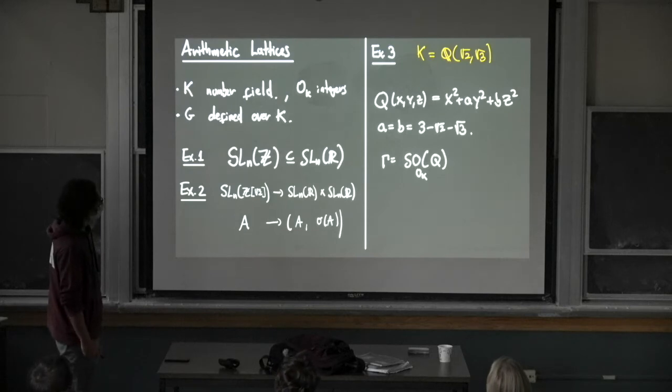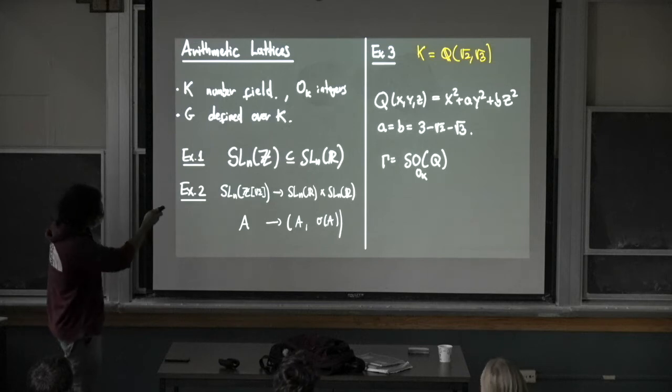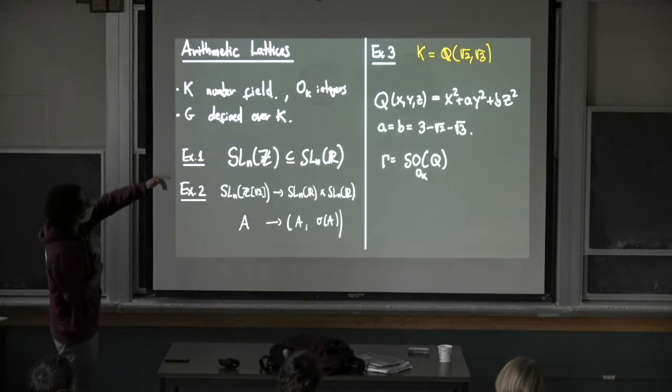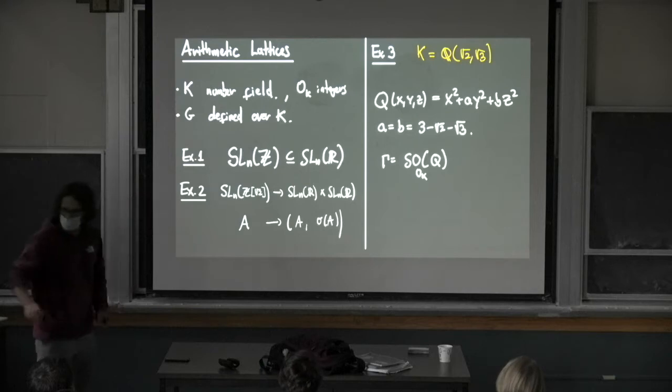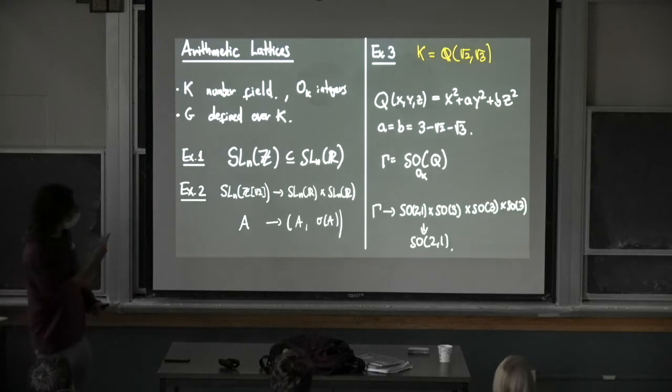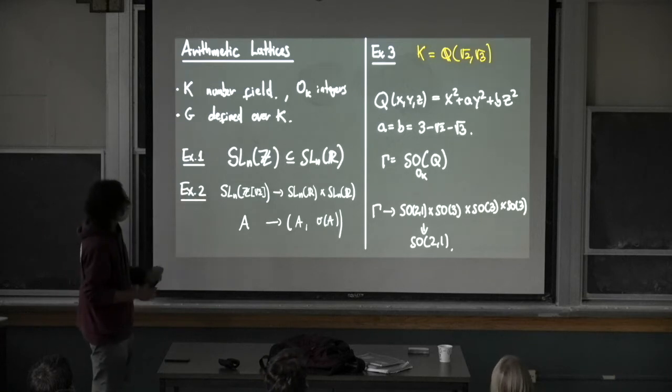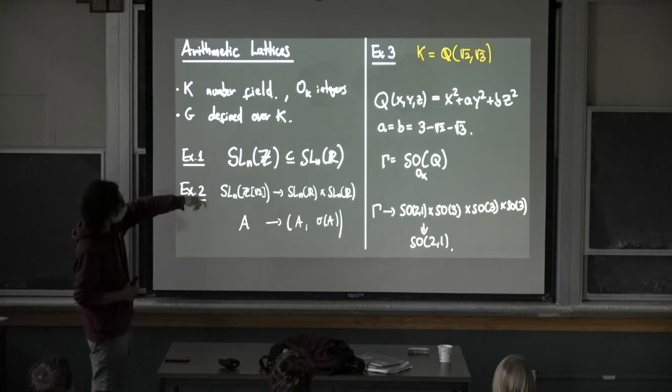and if you look at the group of matrices that preserve this quadratic form, what will happen is that this quadratic form becomes positive. So this quadratic form, when you apply a Galois conjugation, is going to become positive, apart from the case of the identity, where it's a form of signature 1, -1, -1.